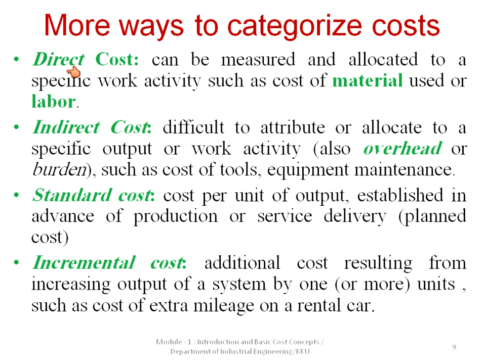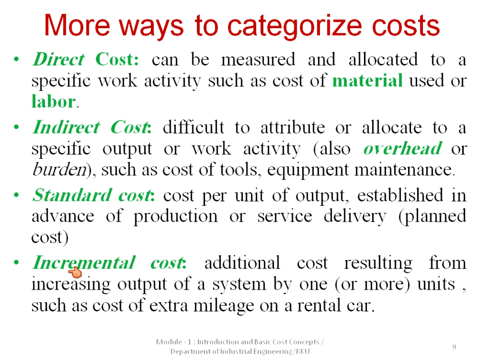Fine. I think you're clear with direct cost, indirect cost, and standard cost. Now let me talk to you on incremental cost. You see, from the name, it's clear to you what is incremental. Increment is nothing but increase with a small step by step increase.